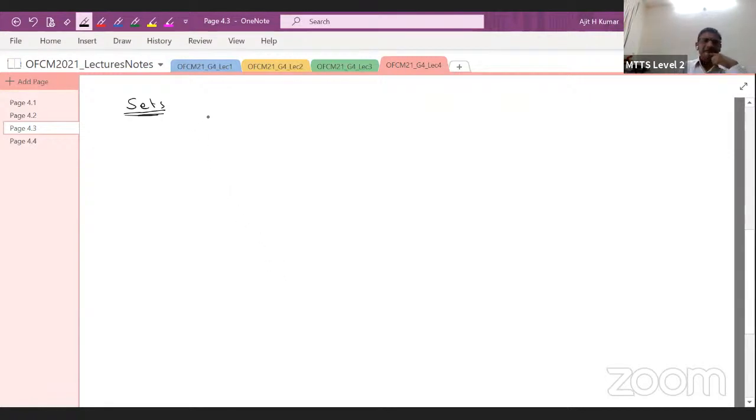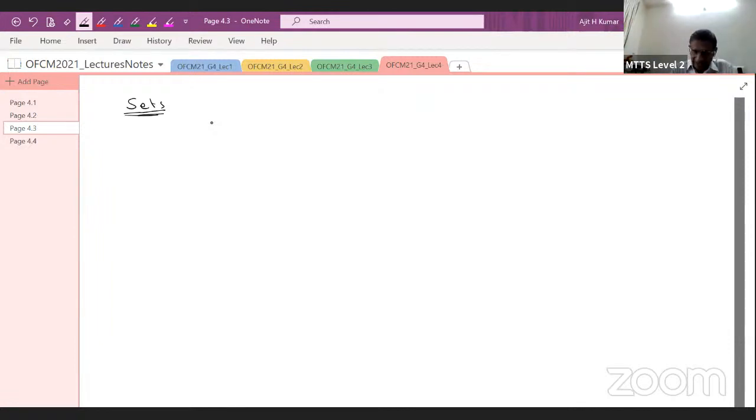When you have to define a set, generally you write its elements in curly braces, right? And many times you cannot list all the elements. It is impossible. For example, if I say the set of real numbers, you can't list them, so you simply write set of real numbers.